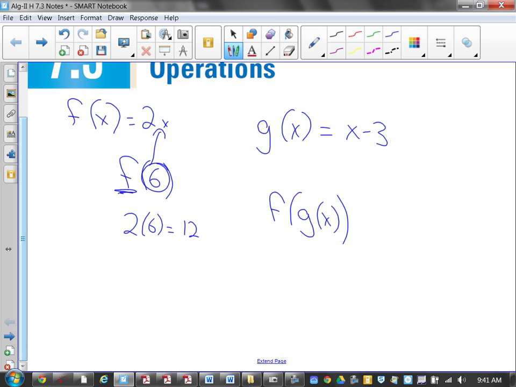In this case, the innermost stuff is g of x. What is g of x? x minus 3. So then what is f of x minus 3? Very good. It's the 2x. You're taking that value and you substitute in for x. So you wind up with 2 times x minus 3.